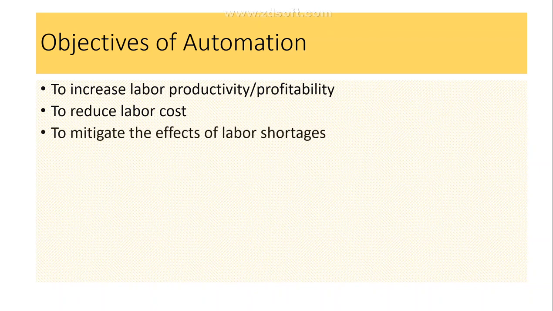Moving ahead, we have to mitigate the effects of labor shortages. Once an automation system is installed in a production line or process, you don't need to wait for labor, as human intervention is reduced to a certain extent.